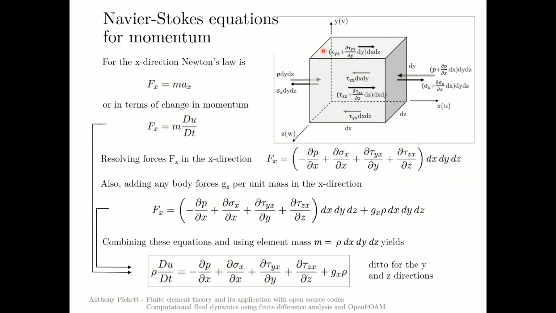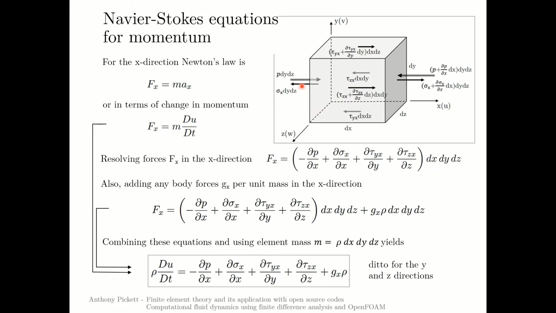On the opposite face, we will have the same stress plus a gradient in the stress due to viscous effects. So it would be the change in tau yx with respect to the y direction times dy, and of course dx dz is our complete surface area here. You'll have similar stresses on this face and on the back face round here. On one you simply have these values, and on the other you have an increasing gradient due to viscous effects.